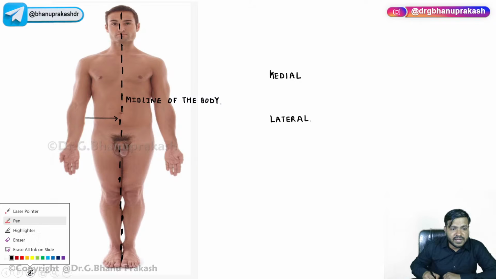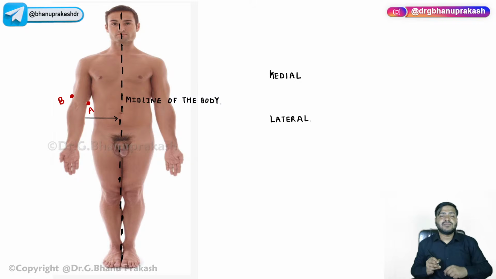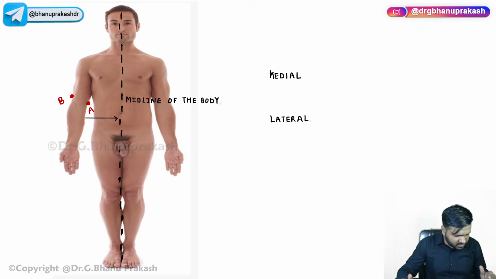So let me explain this with the help of two examples. Let us take point A and point B. You are going to tell me which one is closer to the midline of the body, point A or point B. And automatically you get the answer.